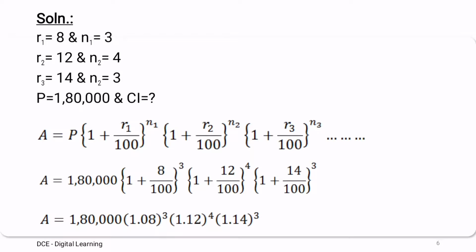So now A equals 1,80,000 into 1 plus 8 divided by 100, which is 1.08, raised to 3, into 1 plus 12 divided by 100, which is 1.12, raised to 4, into 1 plus 14 divided by 100, which is 1.14, raised to 3.